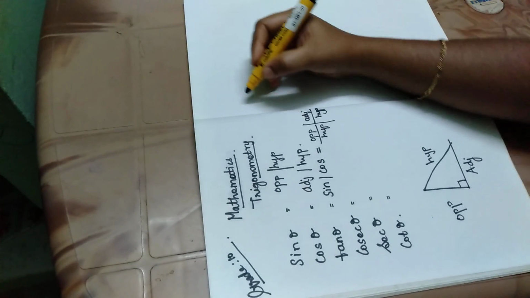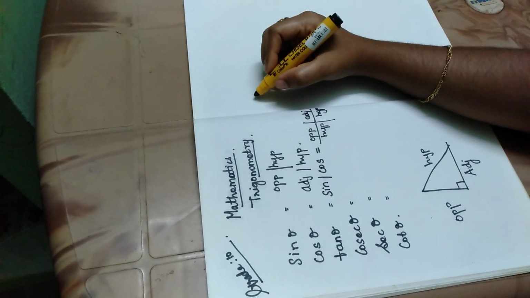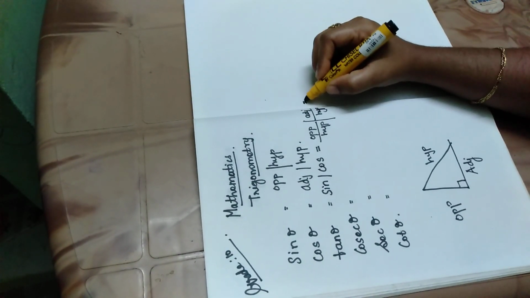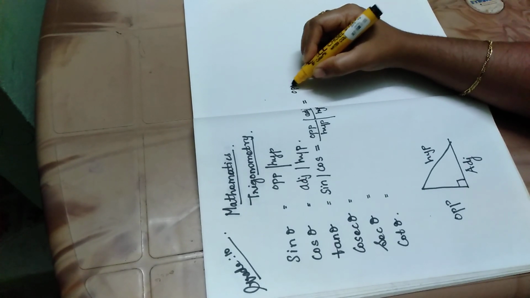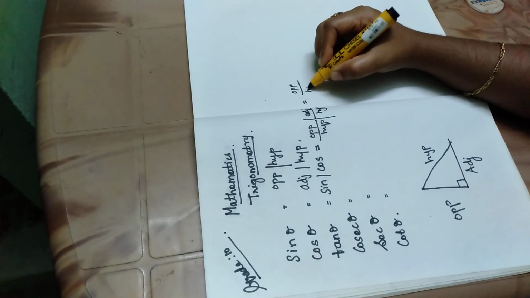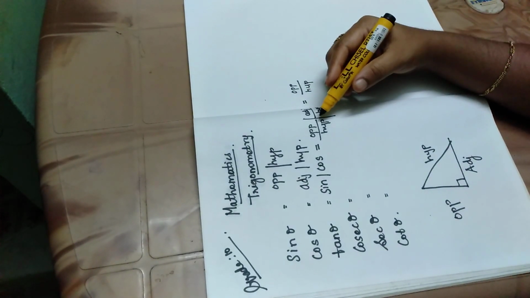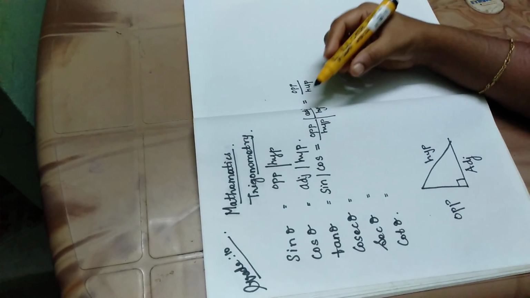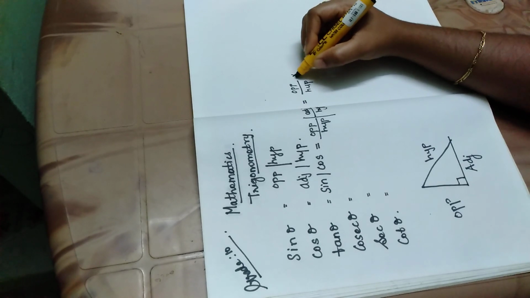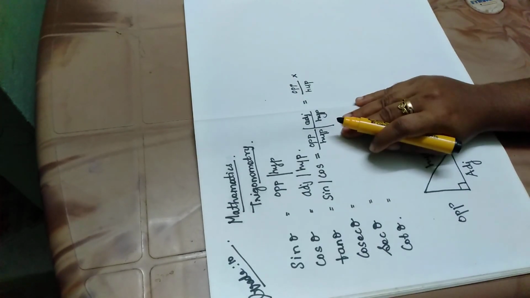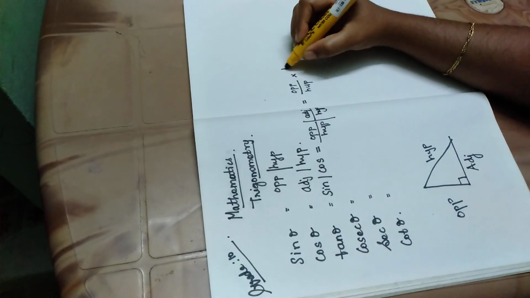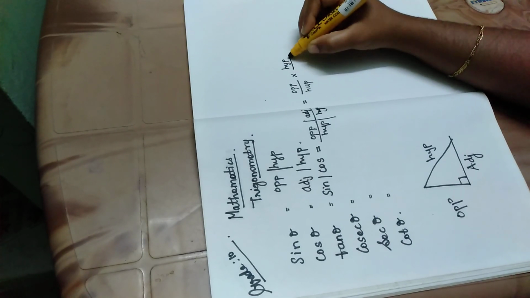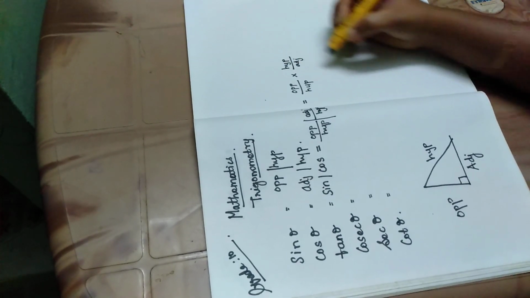Division will change into multiplication, and we write the reciprocal, hypotenuse divided by adjacent side.